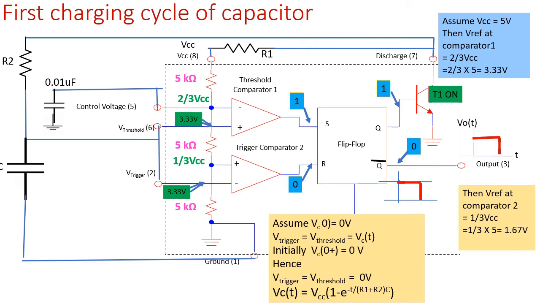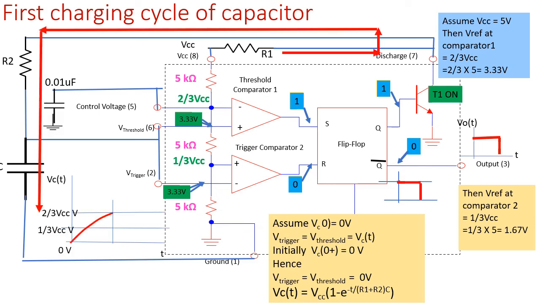As a result, the ground connected here is disconnected from this node. So the capacitor will start charging through this path, means VCC, R1, R2 and then C. Its voltage will increase and reach 1/3 VCC, and then 2/3 VCC.